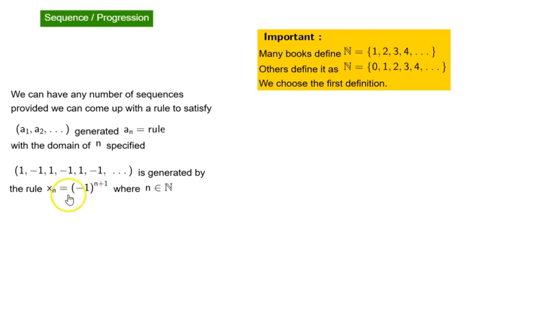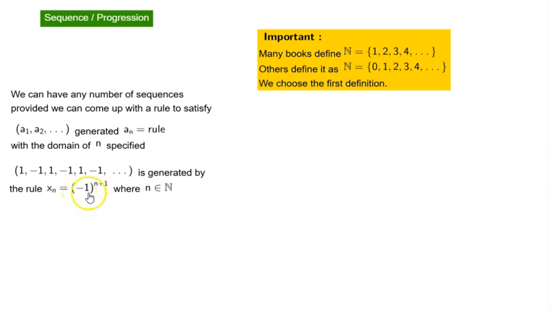Now the rule would be what? x sub n is equal to minus 1 to the power of n plus 1, where n is in the set of natural numbers. Now, whenever you look at such a rule, one thing you should make sure is that the first term is satisfied by this rule.